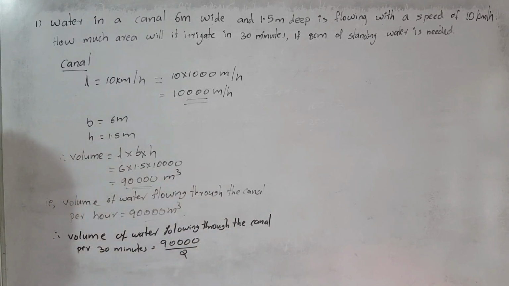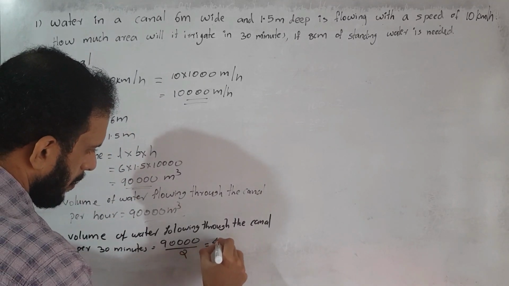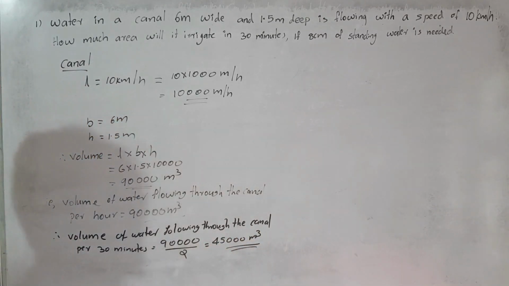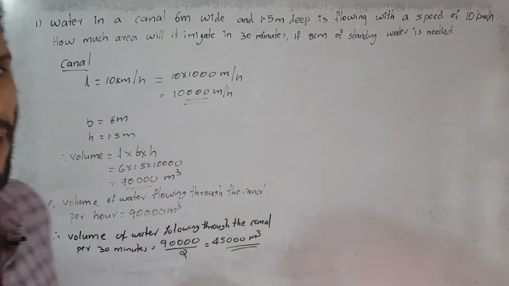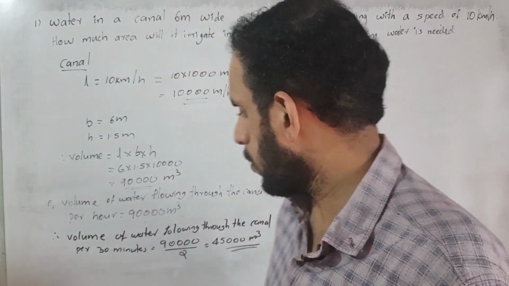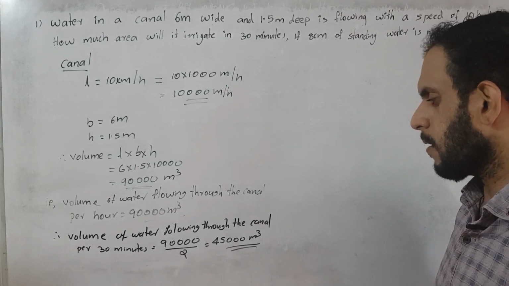Correct. Per hour means 60 minutes, so 30 minutes is a half of 90,000, then is equal to 45,000 meter cube. So the amount of the water flowing through the canal in 30 minutes is equal to 45,000 meter cube.